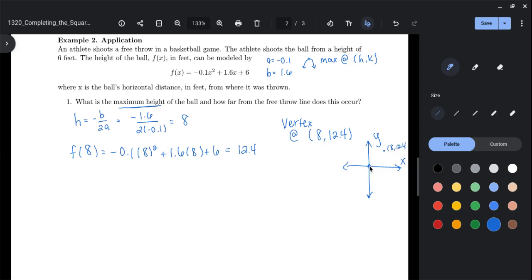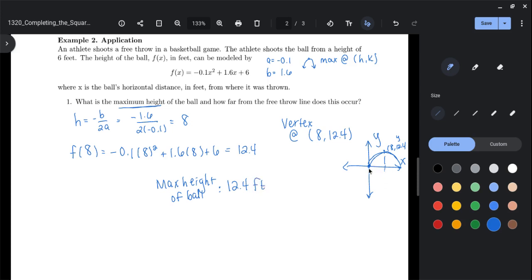So let me just model this. So if this was the trajectory of our ball, then the max height of the ball, that is going to be our y value. That's our vertical distance. So the max height of the ball is going to be the 12.4, and this is all measured in feet, we're told.